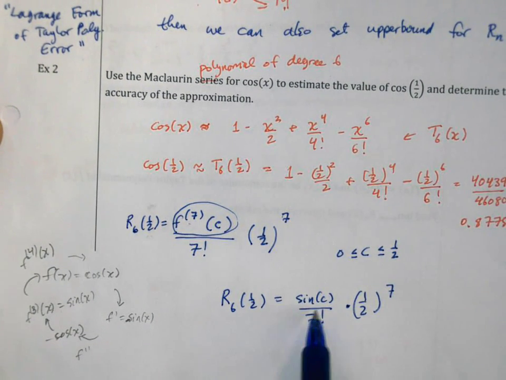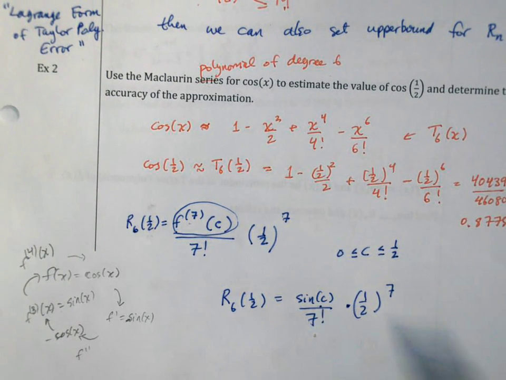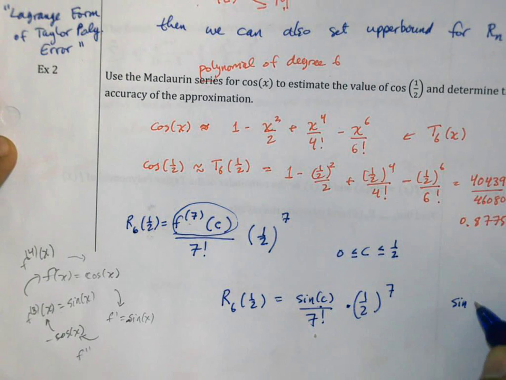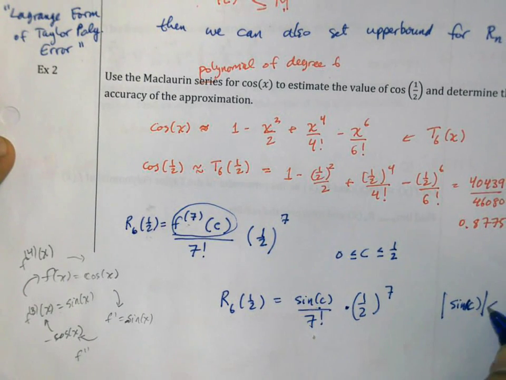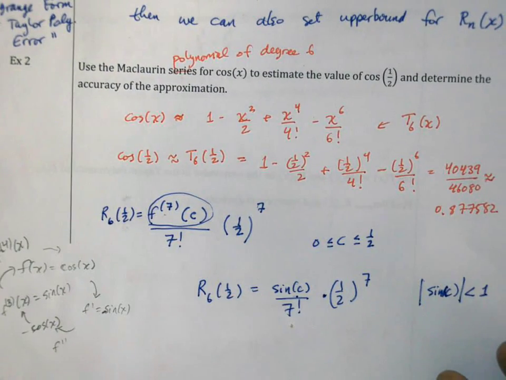Okay. But you see here that sine is always a number between 0 and 1. So the absolute value of the sine of c is always some number between 0 and 1. Okay?